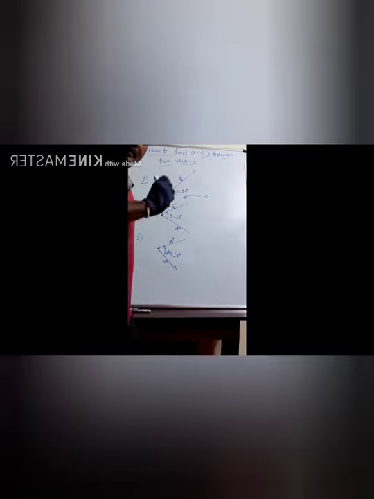To find the angle between two vectors, it is very important that the heads of the two vectors meet, or coincide. If both the heads coincide, we can find the angle between the two vectors, and if the two tails coincide, then we can also find the angle between two vectors.